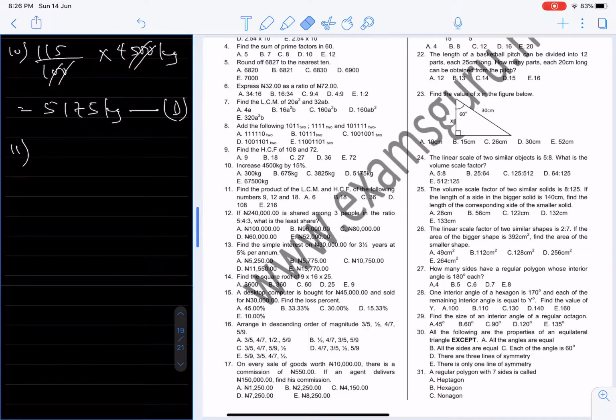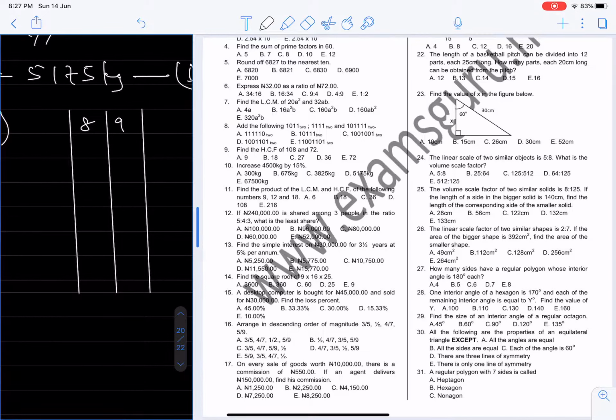What's the LCM of 9, 12, and 8? Let's go to the LCM first of all. 9, 12, and 8. So 8, 9, 12. It doesn't matter though.